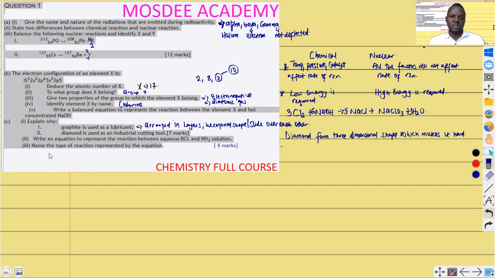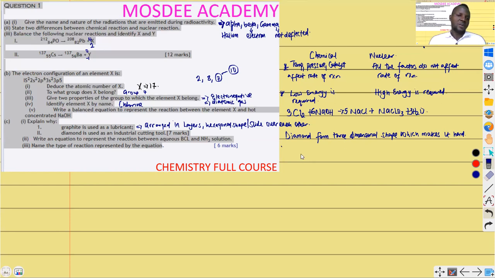The last one on this, you have to write an equation to represent the reaction between aqueous hydrogen chloride (this should be aqueous hydrogen chloride, please correct that) and ammonia solution. Let us quickly write that.